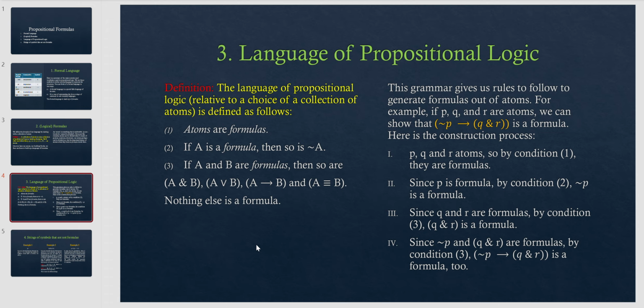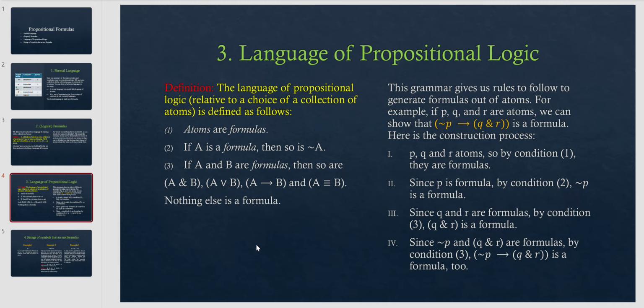And this grammar gives us rules to follow to generate formulas out of atoms. For example, if P, Q, and R are atoms, we can show that if not P, then Q and R is a formula. Here is the construction process. First, P, Q, and R are atoms, so by condition 1, they are formulas.